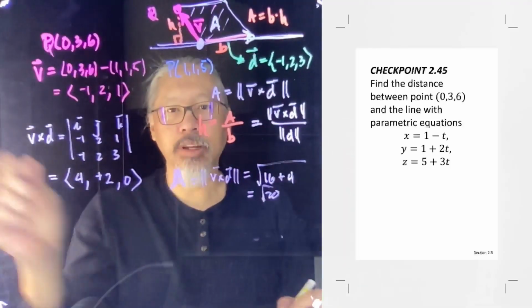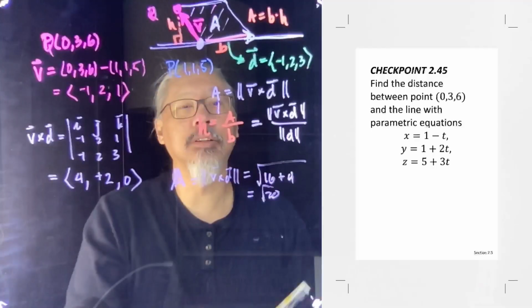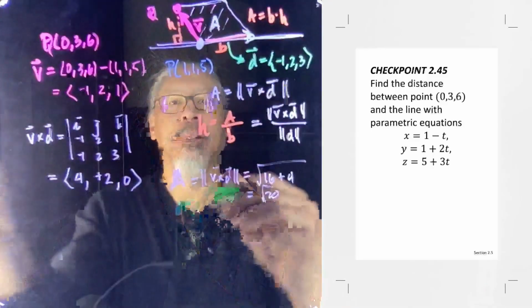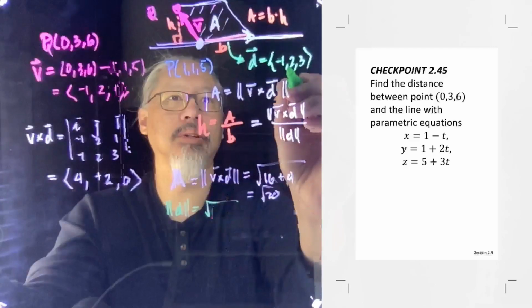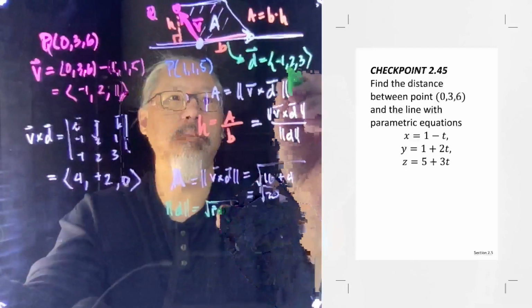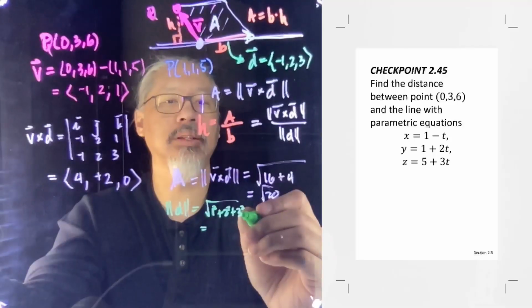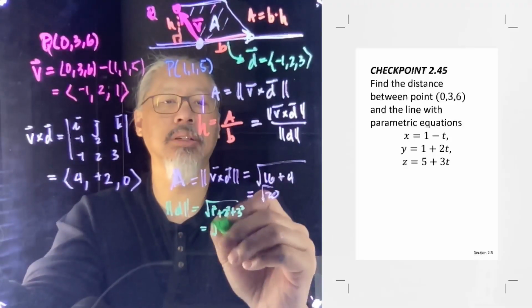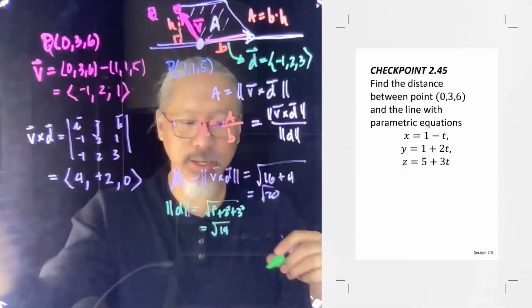So that's our numerator. Now we just need our magnitude of d, and that is the square root of negative 1 squared plus 2 squared plus 3 squared. And so that's 1 plus 4 is 5, plus 9 is 14, so that's the square root of 14.